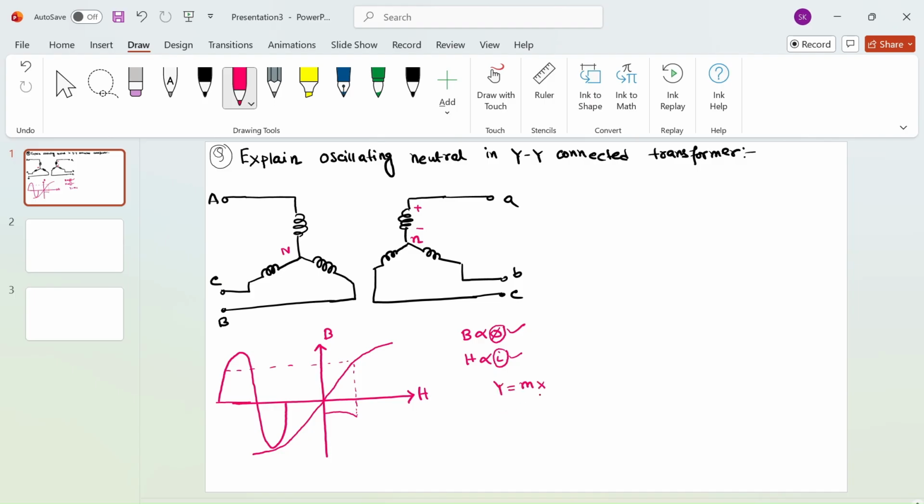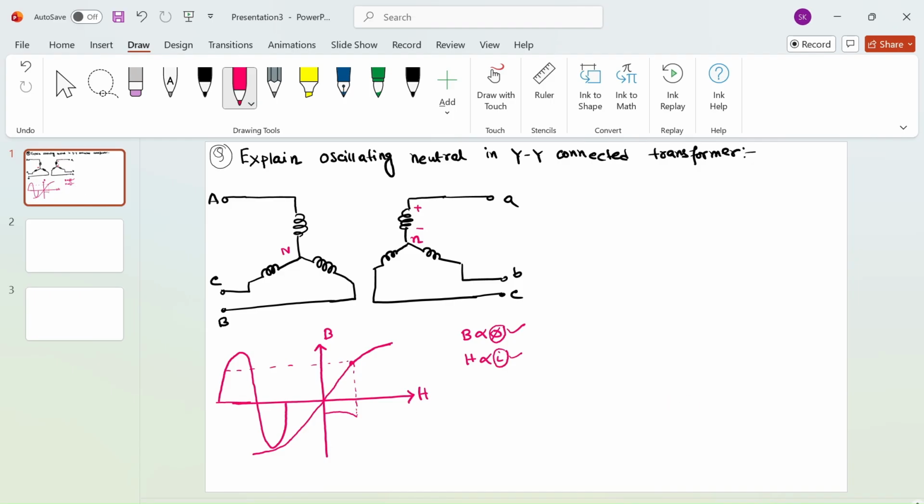If my x is sinusoidal in nature, let's say x is equal to xm sine omega t, then my y will also be m xm sine omega t. But this y equals mx formula is valid only till this point. After that, there is non-linearity, so you cannot apply the y equals mx formula. So if either quantity is sinusoidal in nature, the other quantity will not be purely sinusoidal.